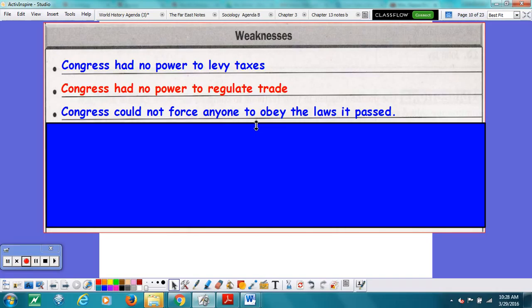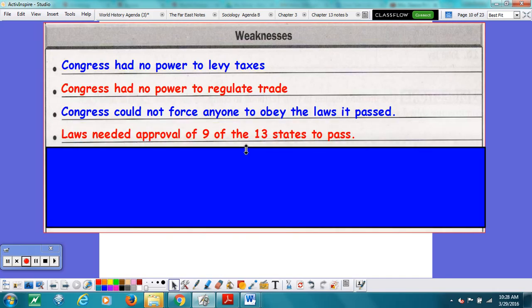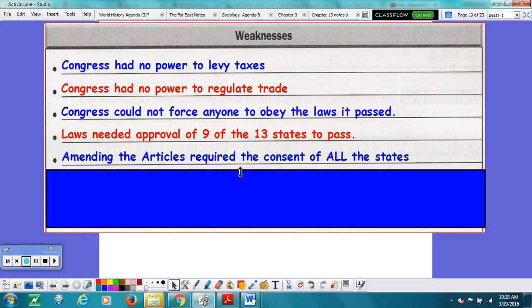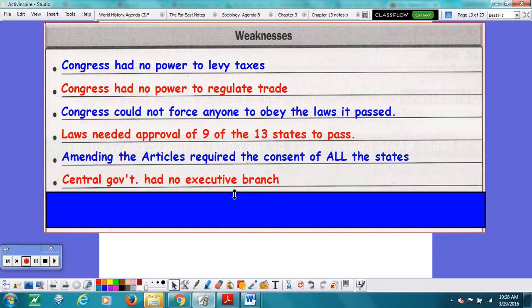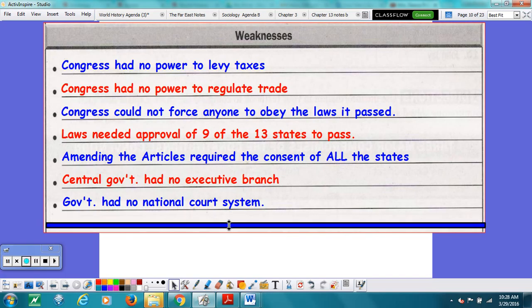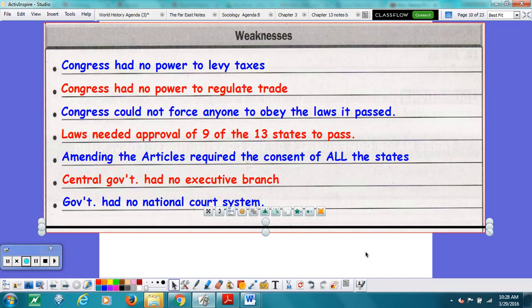That's kind of the main duty of a president, is to ensure the enforcement of the laws that are made. Laws needed to be approved by 9 of the 13 states to pass. Amending the articles required the consent of all the states, and the central government had no executive branch.